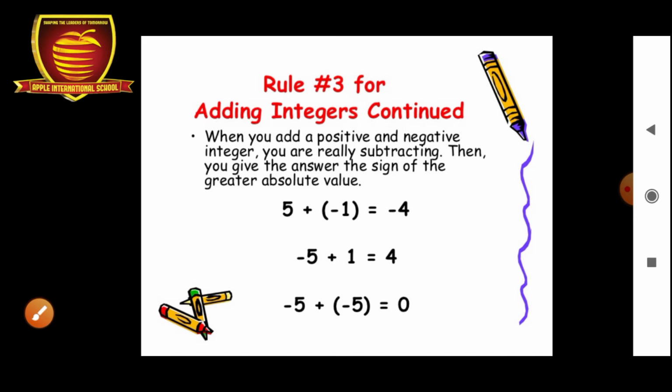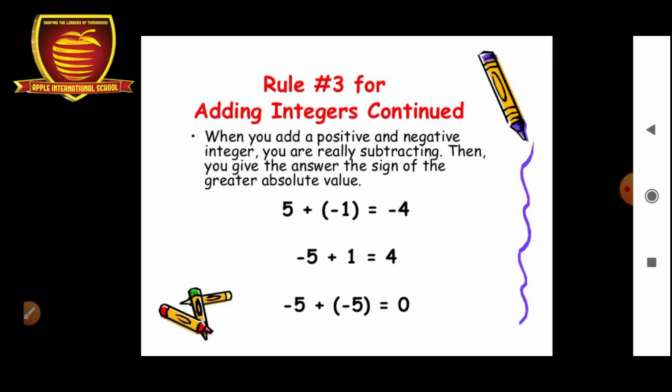Next is adding integers continued. When you add a positive and a negative integer, you are really subtracting. Then your answer takes the sign of the greater absolute value.